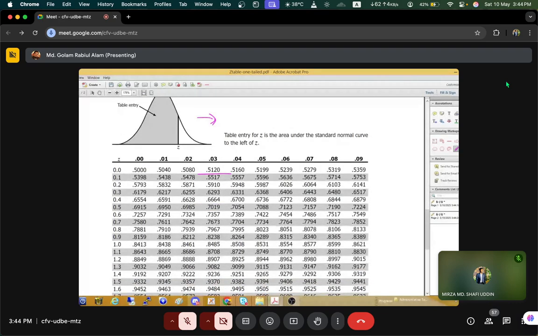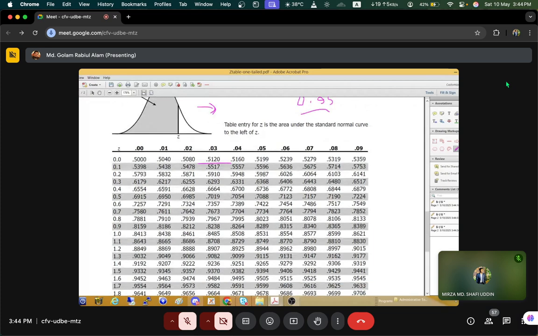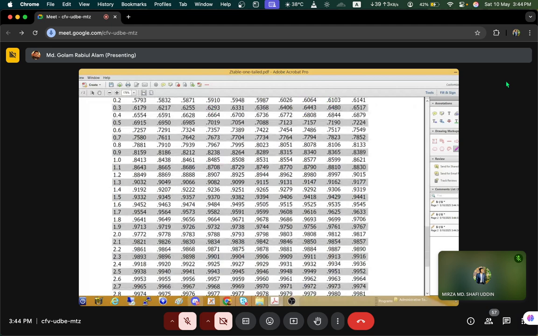In our case, we have to find 0.95. Directly we cannot get 0.95, but 0.95 will be between these two values.